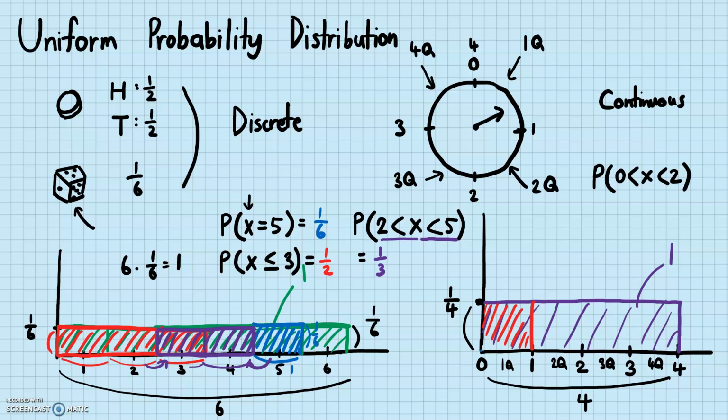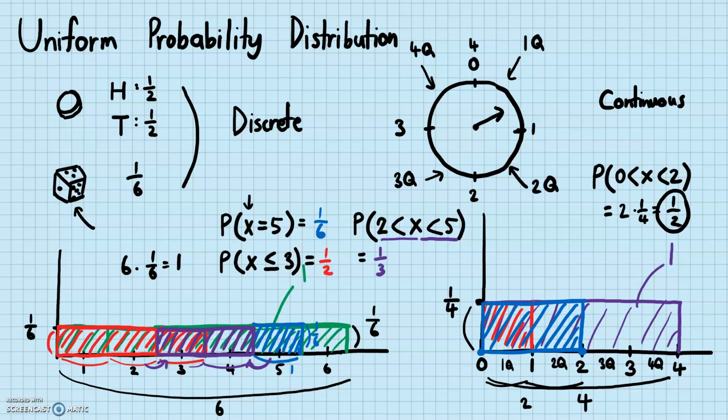Okay, so 0 is right here, 2 is right here, so the probability that it'll land in between 0 and 2 is going to be the area of this rectangle right here. So that is going to be, length is 2 times 1/4, which is 1/2.